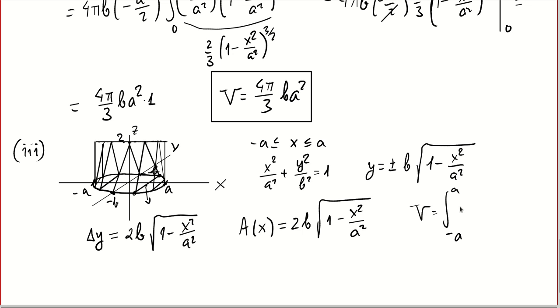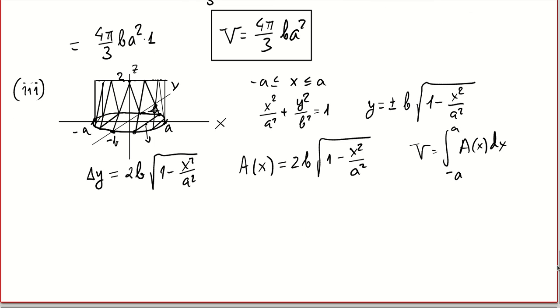This is Cavalieri's principle. So we substitute that, and we get 2b times the integral from minus a to a of the square root of 1 minus x squared divided by a squared dx.